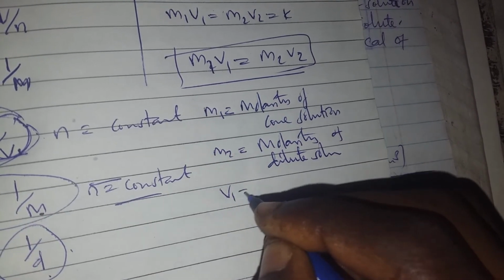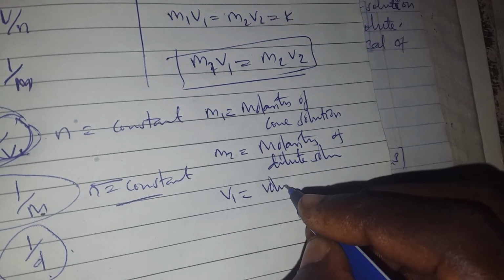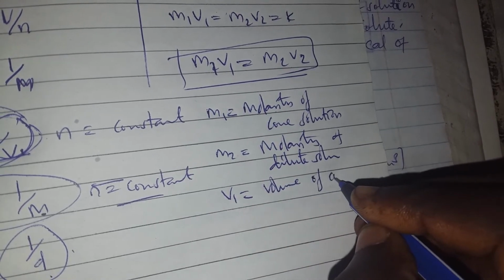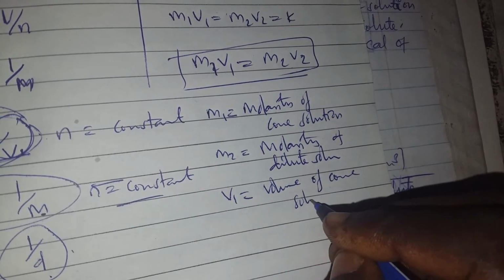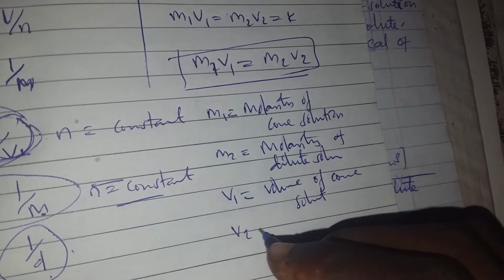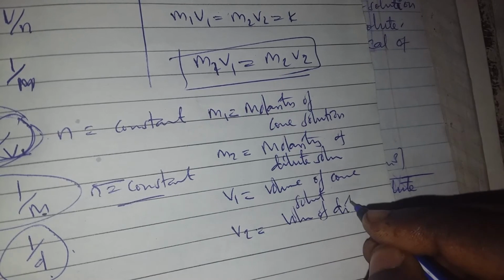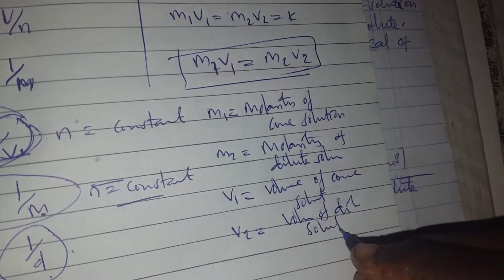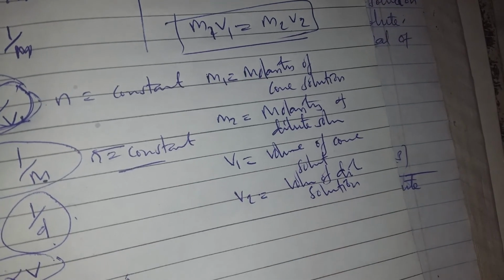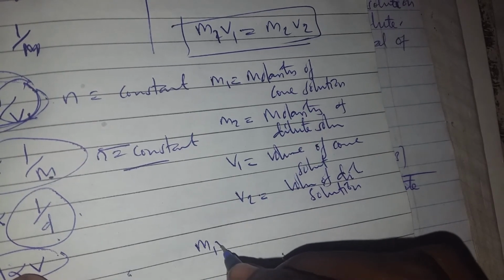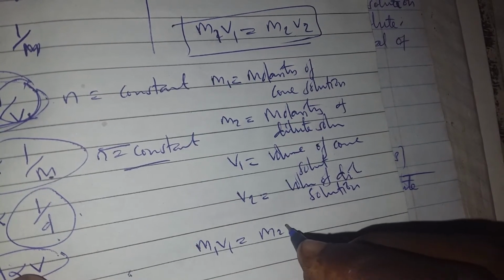Then V1 can be regarded as the volume of the concentrated solution, and V2 can be regarded as the volume of the dilute solution. So that is to say M1 V1 is equal to M2 V2.